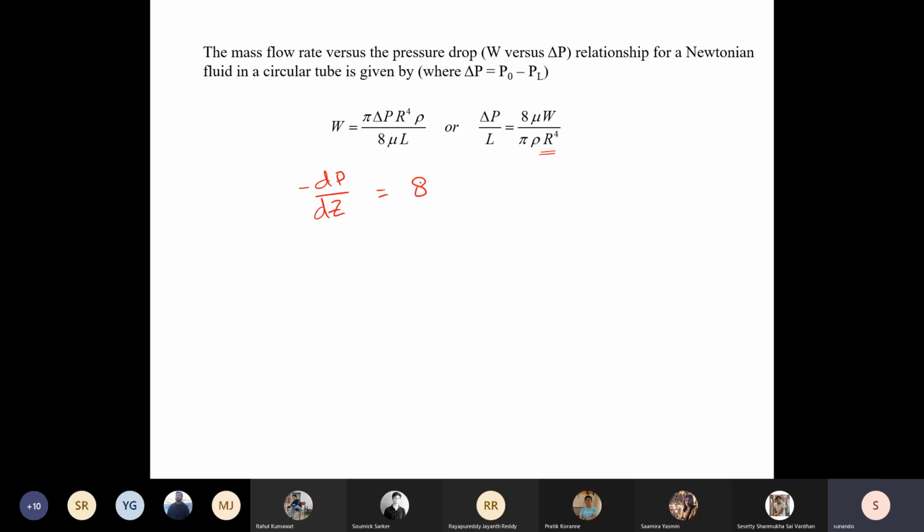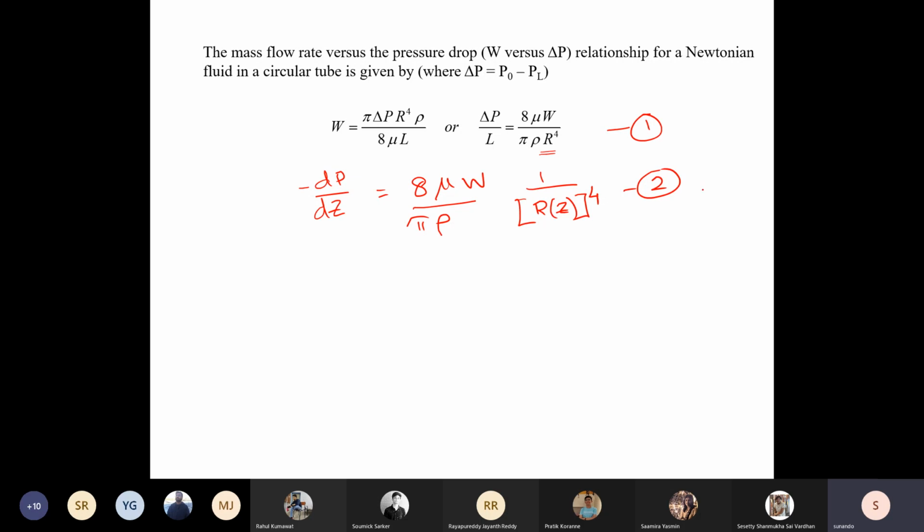So this is going to be 8 mu, and W will obviously remain constant due to the equation of continuity. The difference here is that R is going to be a function of z. If I call this my equation 1, then this is my equation 2, which simply recognizes the fact that R is a function of z.